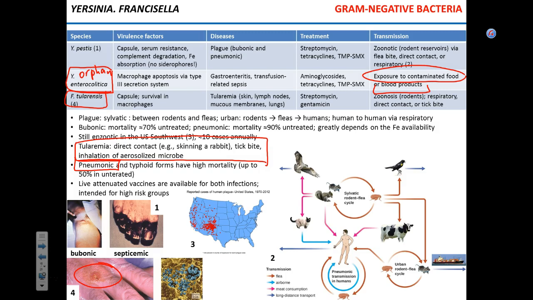Okay? The pneumonic form and the systemic form of tularemia have a pretty high mortality rate, about 50%, but they're treatable with antibiotics and timely diagnosis. Now, can you acquire the pneumonic form of tularemia without being in contact with a sick person? Curiously, the answer is yes.